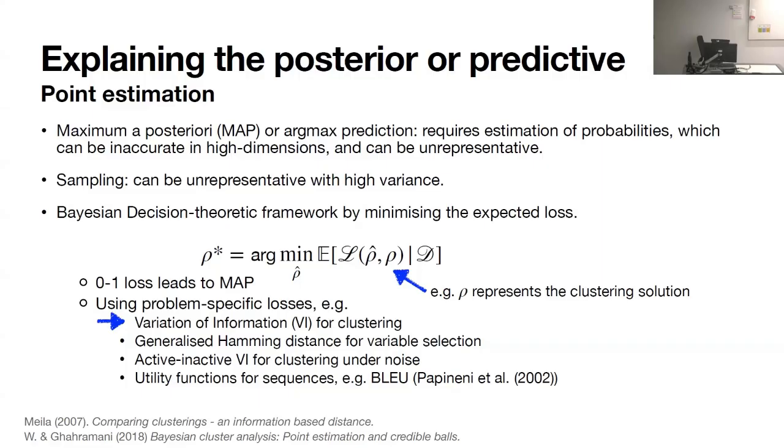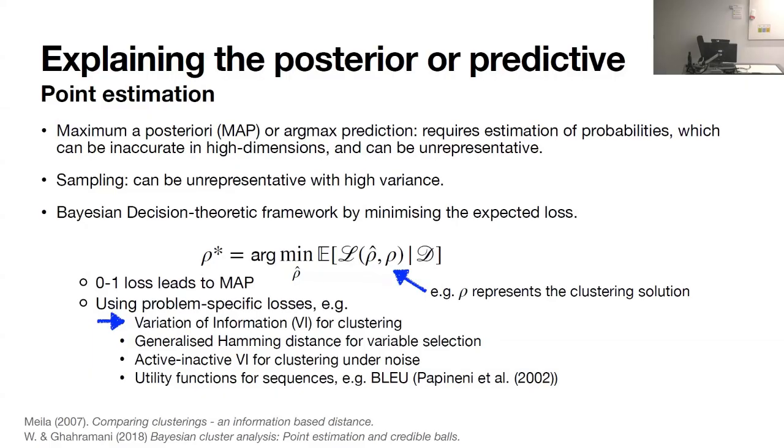So instead, we're going to focus on the Bayesian decision theory framework. So we want to find the Bayes estimator that minimizes the posterior expected loss. So for example, in the clustering context, rho would represent a partition or a clustering solution.